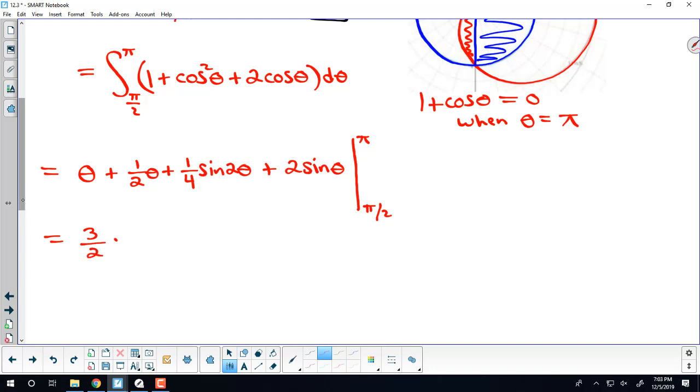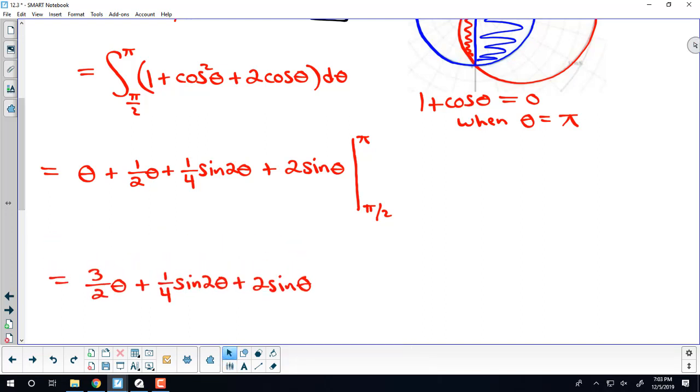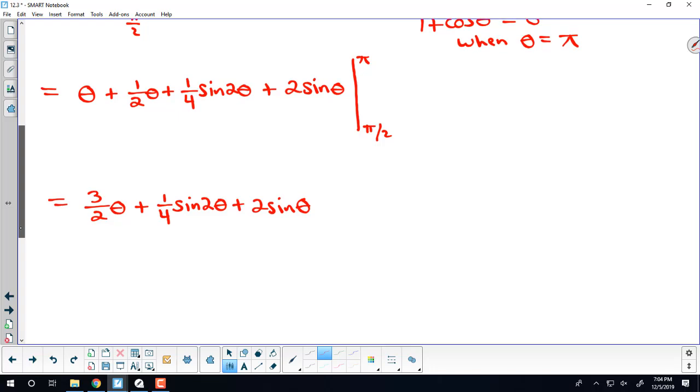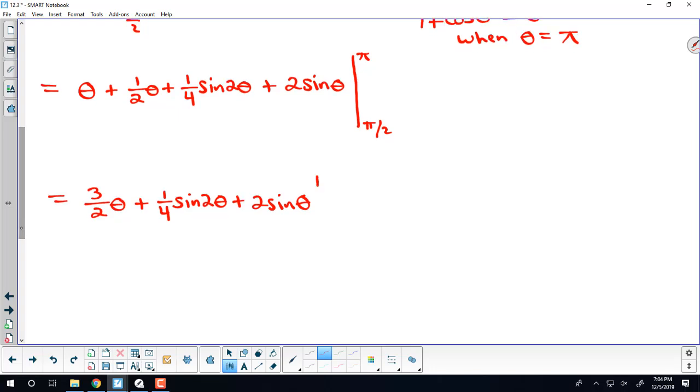Call that 3/2 theta if you want. So it's just a bunch of stuff here. 3 pi over 2, 0, 0.